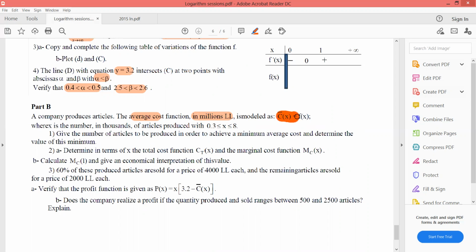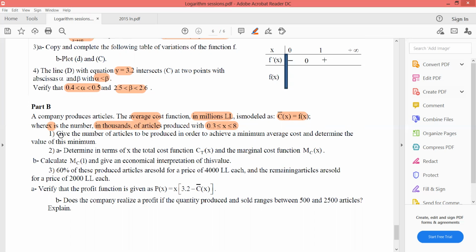C bar of x equals f(x), where x is the number in thousands of articles, with x between 0.3 and 8. So a company produces articles, the average cost is equal to f(x), and its unit is millions of Lebanese lira.